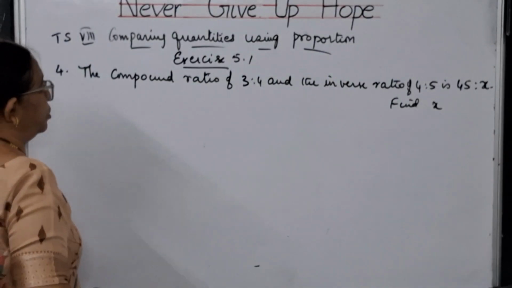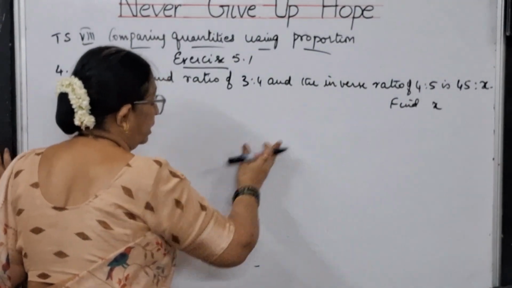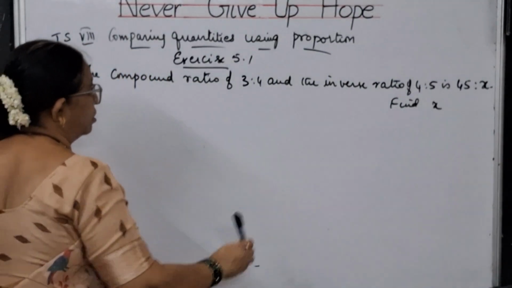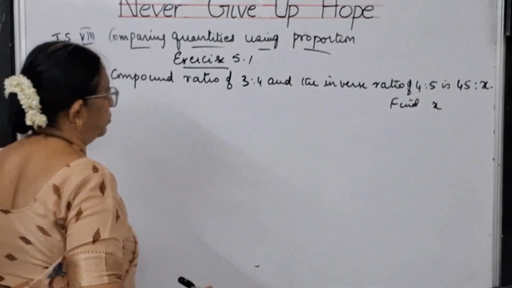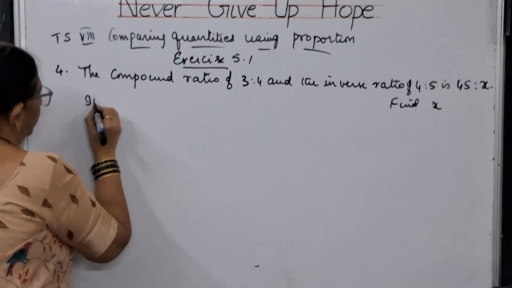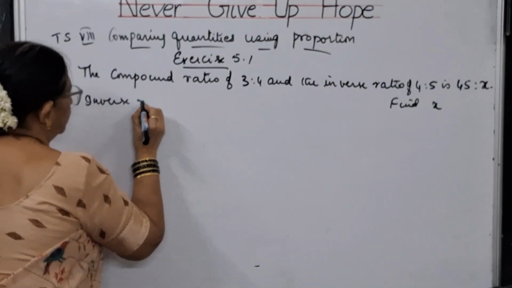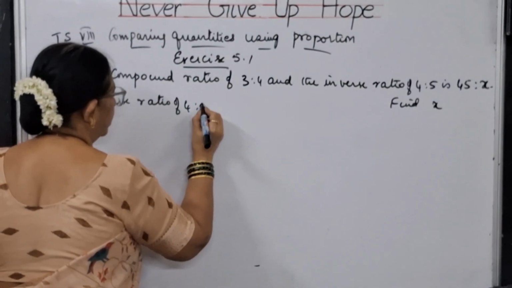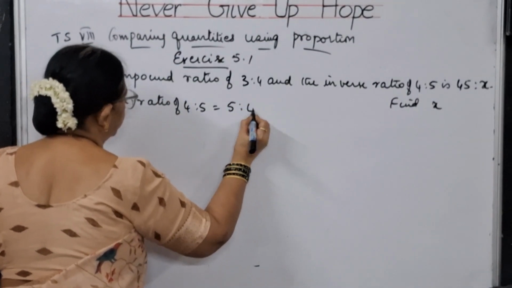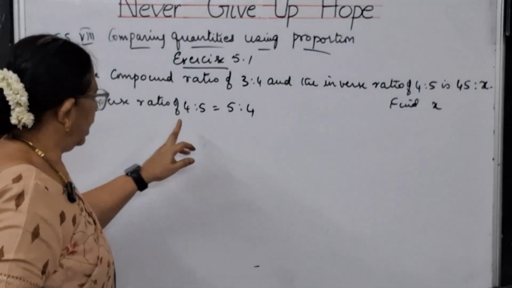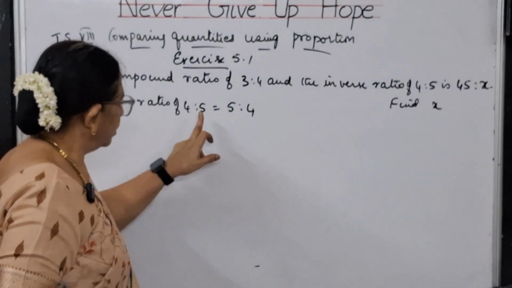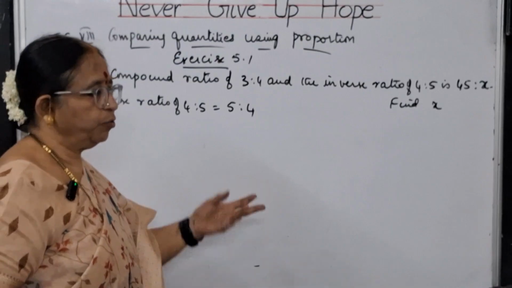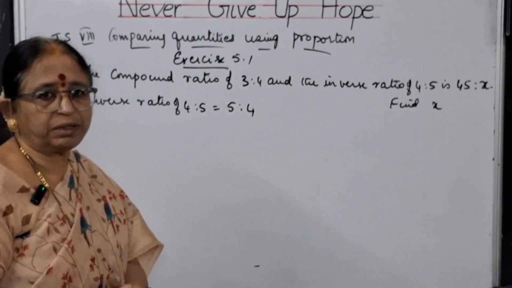See children, in the compound ratio earlier they directly gave two ratios, but here they have given the inverse ratio of 4 is to 5. So first you find out what the inverse ratio of 4 is to 5 is. It will be equal to 5 is to 4. Inverse means antecedent becomes consequent, consequent becomes antecedent. 4 by 5 becomes 5 by 4. That's all.